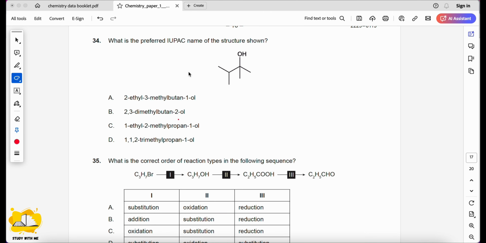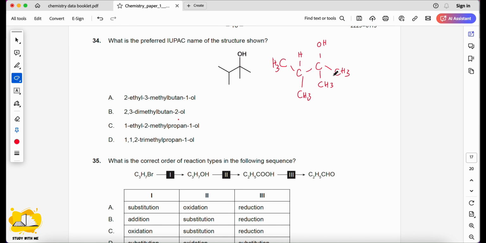What is the preferred IUPAC name of the structure shown? If you're confused with this structure, I will write it down more clearly. So CH3, this will be C and CH3, and this will be C, this will be OH, and this will be CH3, and this will be CH3, and there is one H right here.